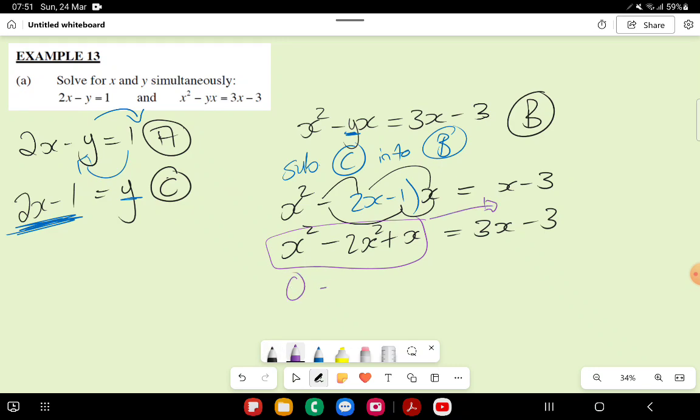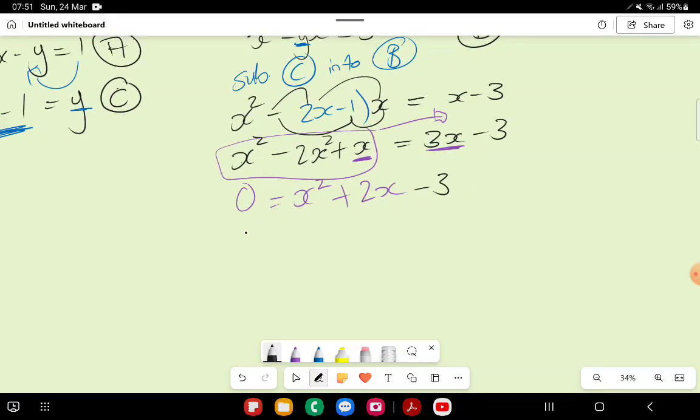So 0 is equal to x squared minus 2x squared is minus 1x squared plus 1x squared. Then I have 3x minus x is going to be plus 2x, and that minus 3 stays there.